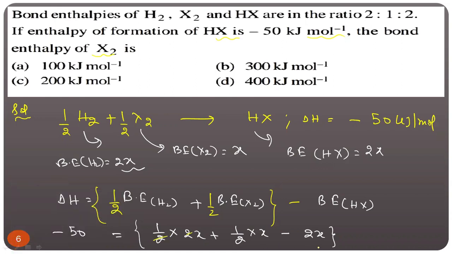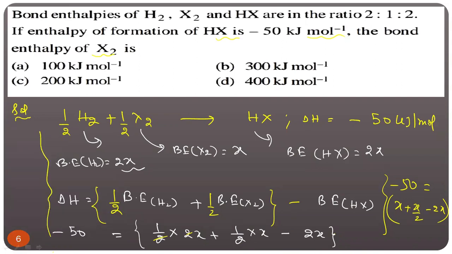2 cancel, and here we are getting, wait for a moment, that is minus 50 is equal to x plus x by 2 minus 2x. Am I right? ना देखो तो x plus x by 2 minus 2x है क्या? Yes, x plus x by 2 minus 2x. Yes. Now how to solve?